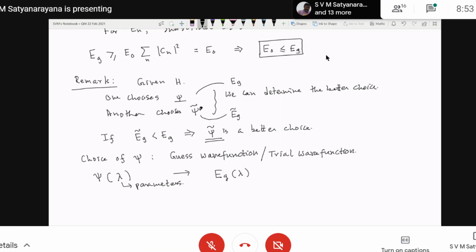Eg is the expectation value of H in psi of lambda. Now, if you change this parameter in a direction such that Eg is decreasing, then you are going to better and better trial wave functions.